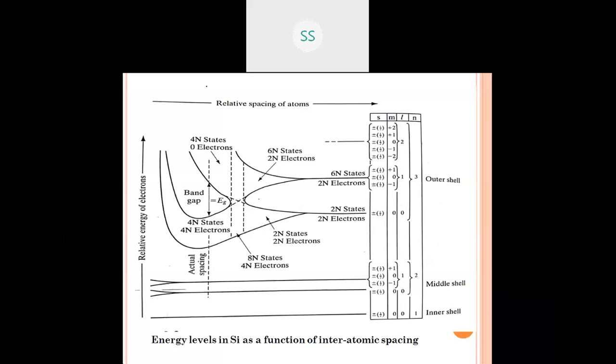The upper band forms a conduction band having 4n states, and the lower band forms a valence band with 4n states. The separation between these bands is known as EG, the forbidden band. This forms the main feature of all our semiconductor material, and this was the picture to explain that concept.